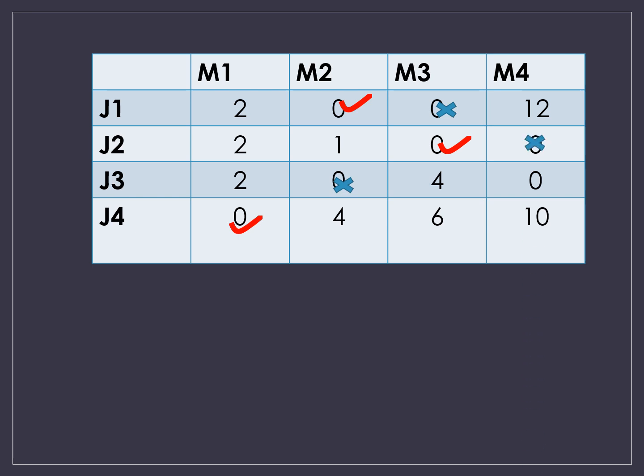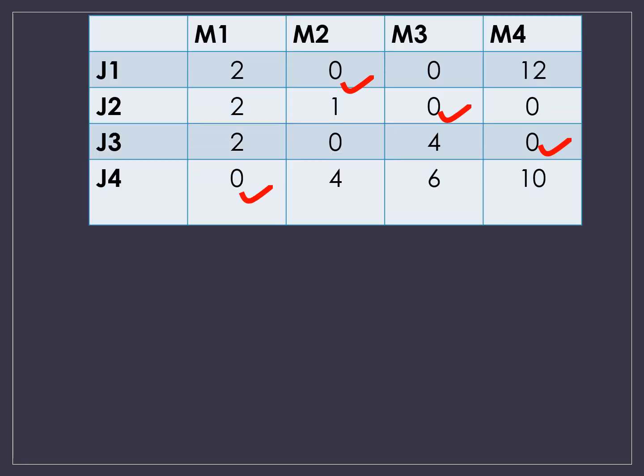Then for M4, we just have a single option of allocating it to J3. Since this is the optimum solution, and this is the only chance to allocate a machine for J3, we proceed with allocating M4. Now you can see that for each machine we have a unique job.